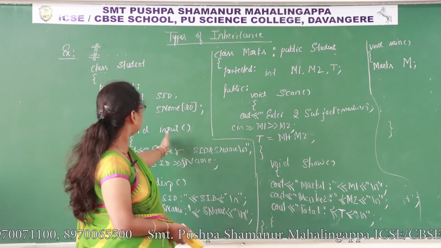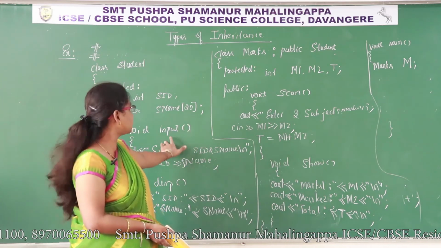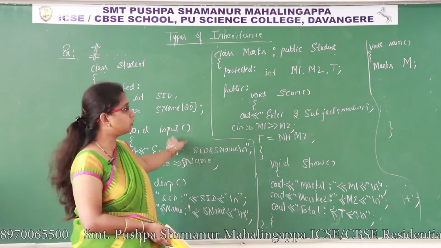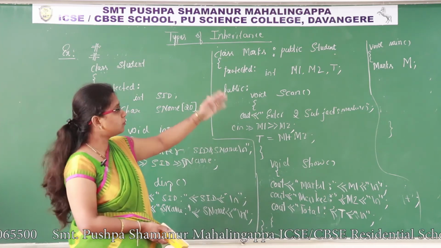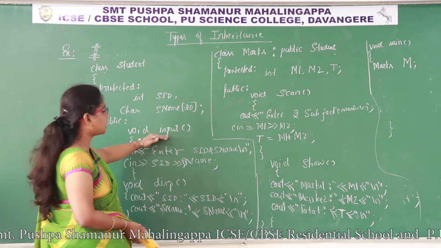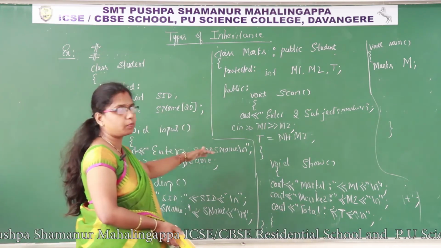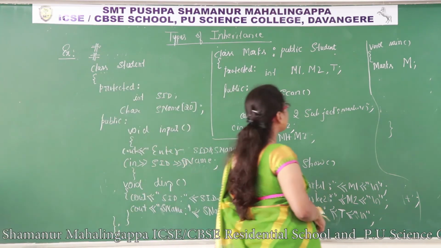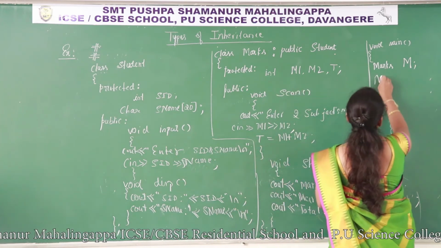Now I have to call input function. Input is a member function of student. How to call? Using that object. Yum is an object of the derived class. Through the derived class object, I am accessing a base class member, so it executes properly. So what is the conclusion? These members have been inherited to the derived class.